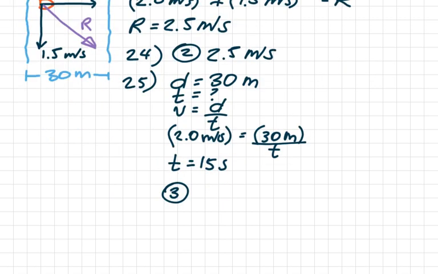So yeah, this is a really simple equation, but I think that 25 is actually quite a difficult problem, because you have to realize that for crossing the stream, only the cross-stream velocity matters, even though you just solved for the resultant. And if you use the resultant velocity of 2.5 meters per second, you end up with a time of 12 seconds, which is an answer choice.